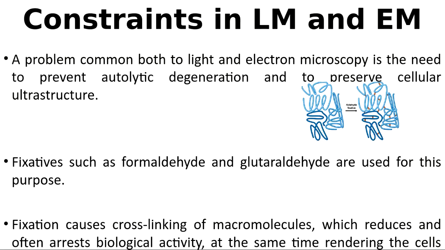So we may ask in the exam: what is the fixative for light microscope? It is formaldehyde or 10% formalin. And what is the fixative for electron microscope? It is glutaraldehyde. We have to preserve the architecture of the tissue, so we have to fix it. Otherwise, it will cause autolysis and destroy the tissue.